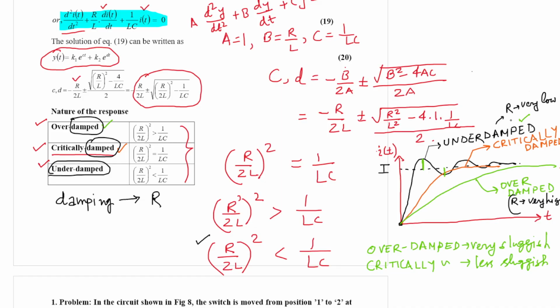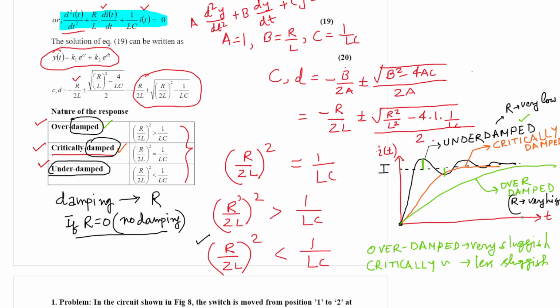Ideally, every electrical system must have some damping. However, if we consider a zero resistance system, if R is zero, then we have no damping, theoretically. Then what will the response be, as compared to the other three?